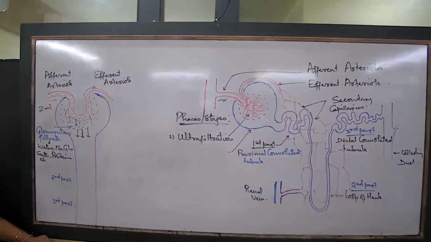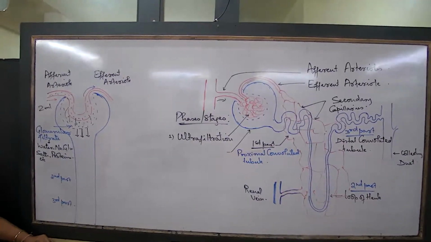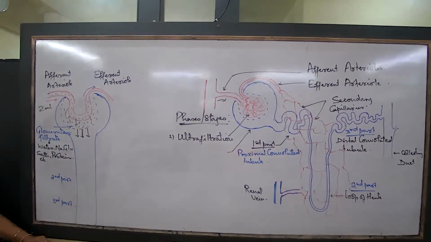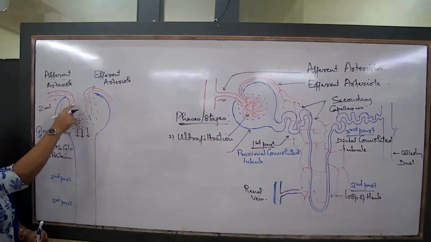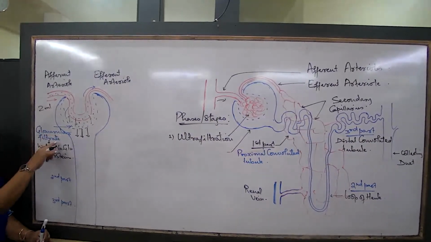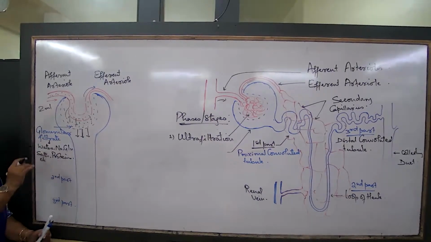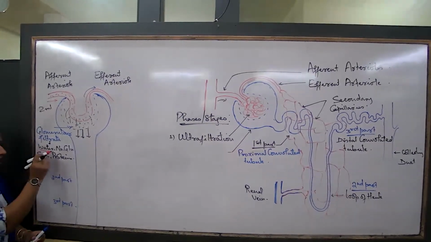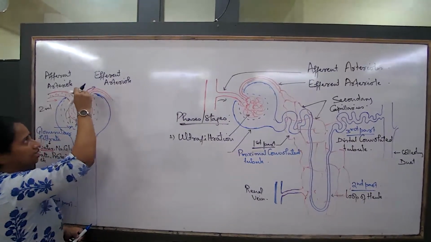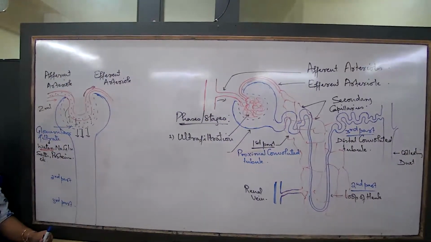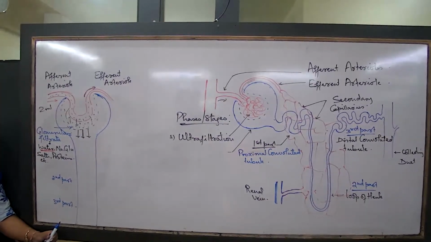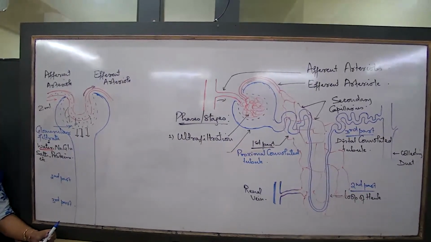If ultrafiltration has happened here, and the glomerular filtrate has formed, so much of the water has come out. Is the blood which is going in this vessel, the efferent arteriole, thick? Yes, definitely thick.